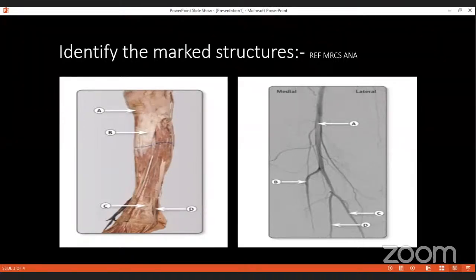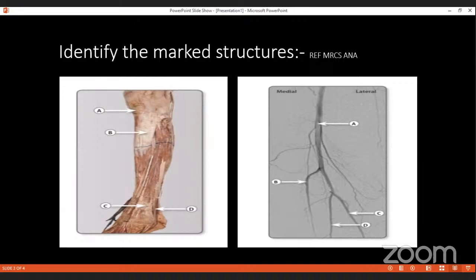Can you name the structures which pass through? There's extensor hallucis longus, extensor digitorum longus, and peroneus brevis and peroneus longus. Okay, all right, we'll do that again.